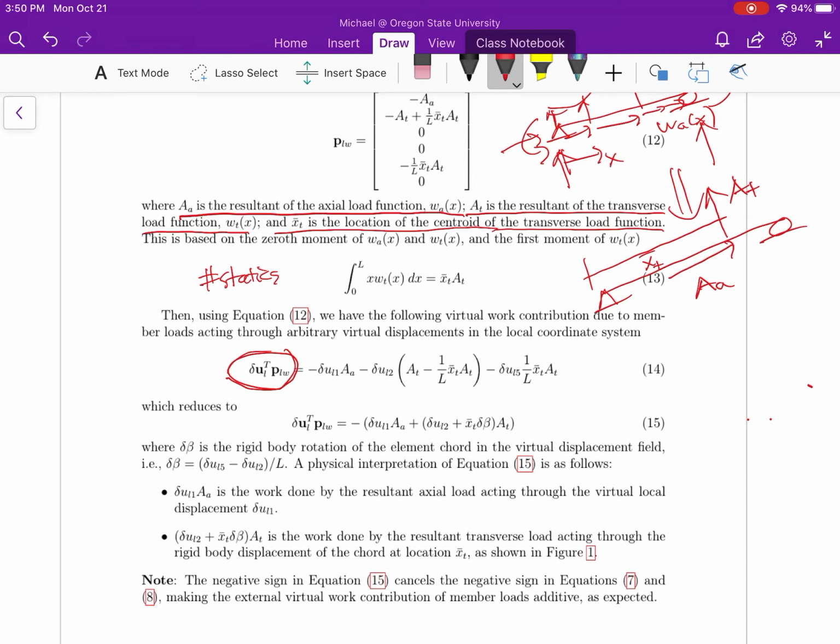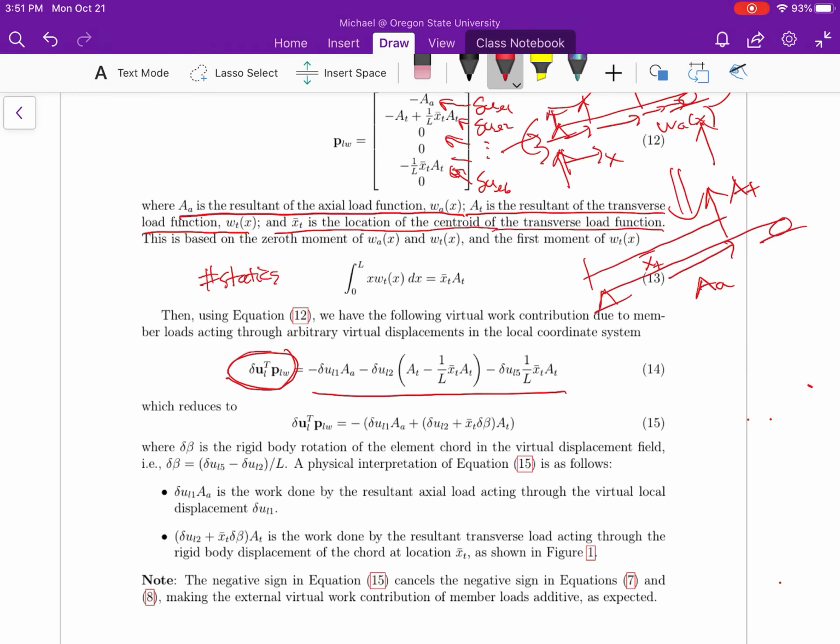We just take the inner product, delta UL1, delta UL2, delta UL6, multiply it by the corresponding entry from P sub L, and we get this expression over here, so negative UL1 times A sub A. Sorry, I should have drawn the reactions on here.